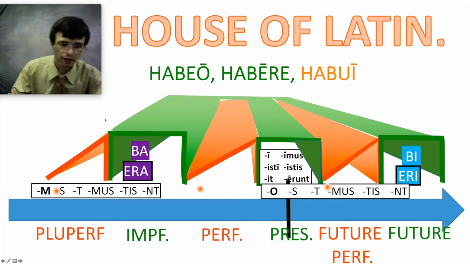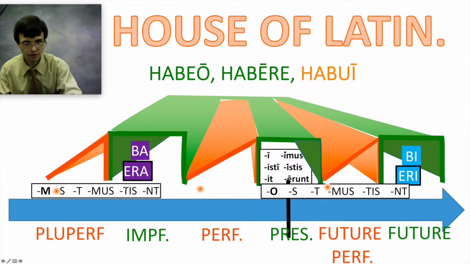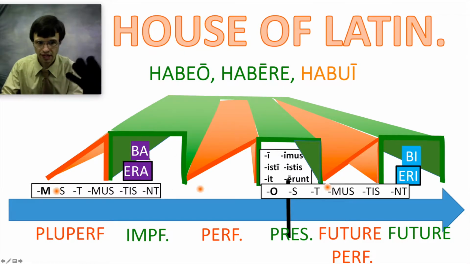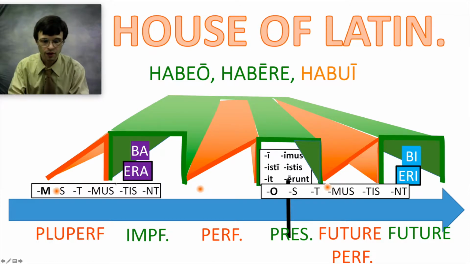Okay, so in the house of Latin, the pluperfect is going to be this orange part on the far left, and you can see that it is technically relative to the imperfect, although in actual reality we're going to find that it's most often used with the perfect, even though it includes in its construction this ERA that we're going to see today. Alrighty, and its endings of course are m, s, t, mus, tis, nt, very simple, normal. This tense will be much easier than the perfect was three chapters ago.